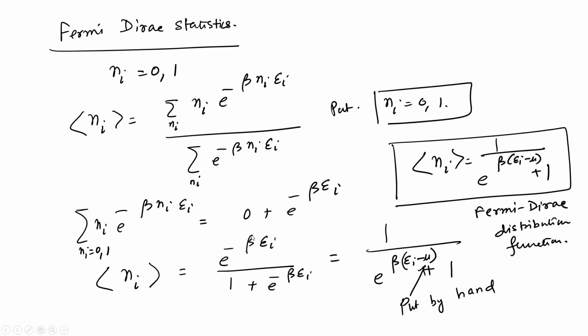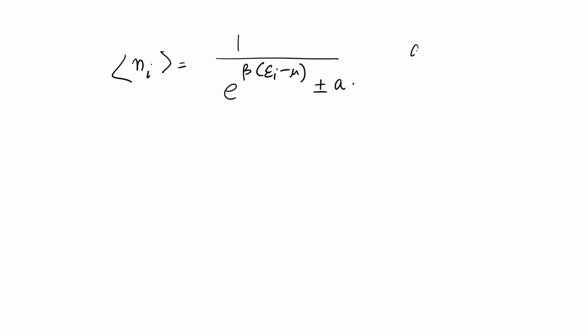And then we finally have the Fermi-Dirac distribution function, which is 1 by exponential beta epsilon I minus mu plus 1. And so, we can write all of these distributions as Ni equal to 1 divided by exponential beta epsilon I minus mu plus minus a, where a is equal to 0 for the Maxwell-Boltzmann distribution, and we can simply write it with a plus a, not plus minus.